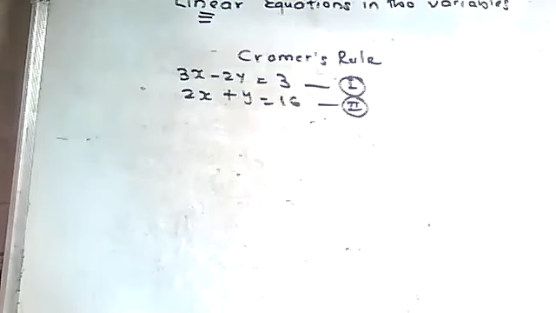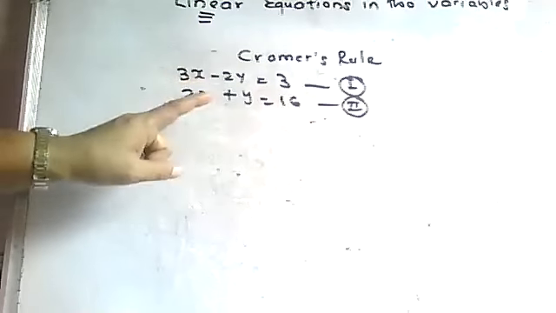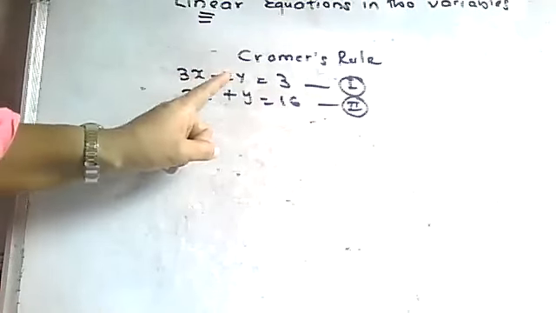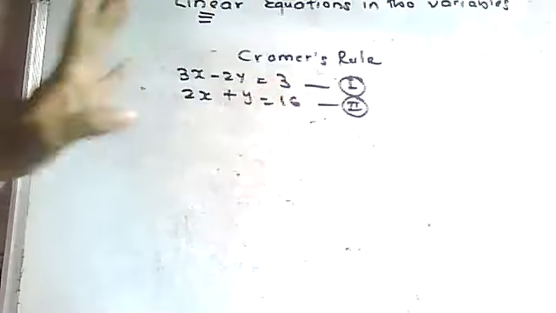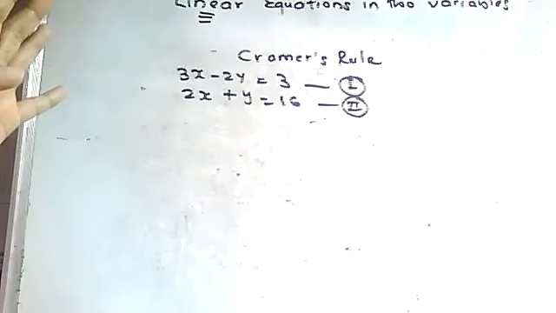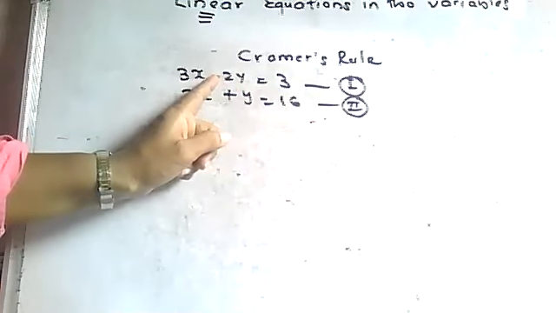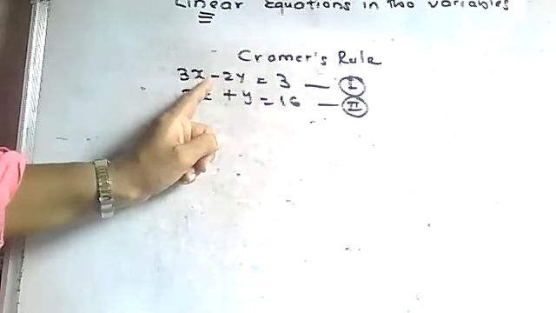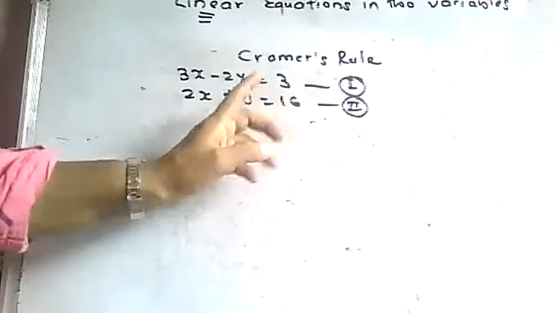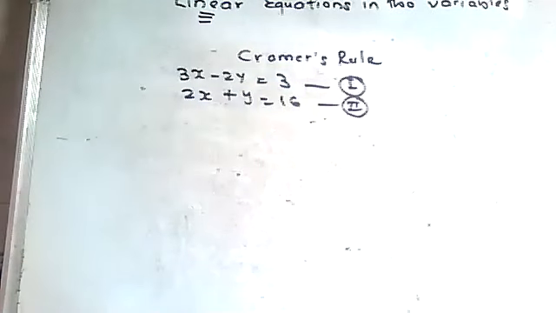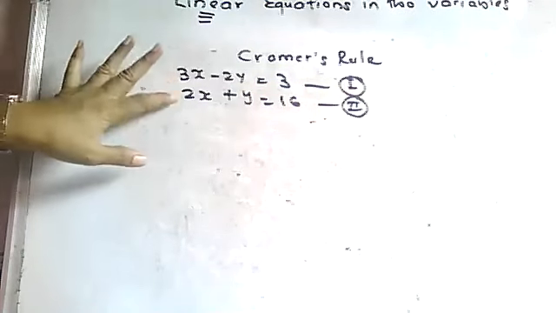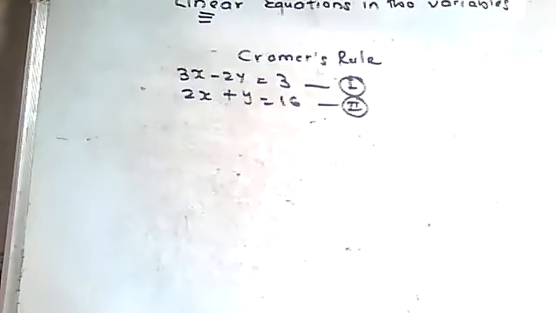For applying Cramer's rule, first you make sure that your equations are arranged in the form of ax plus by is equal to c. That way it should be arranged. Ax plus by, plus and minus are fine because we are going to take minus 2, then the equal to sign and the number c. So here both the equations are arranged in this form.